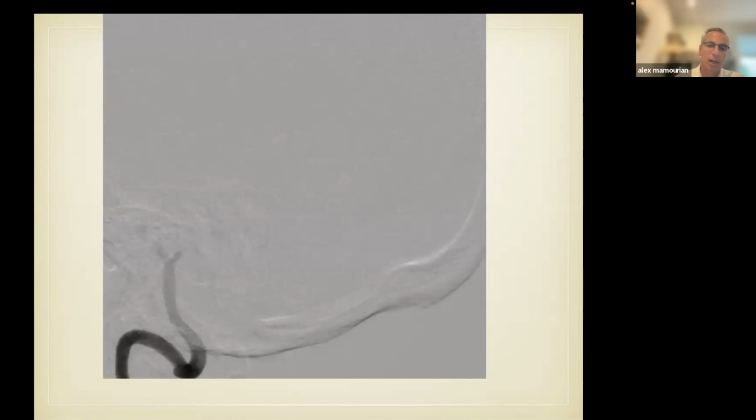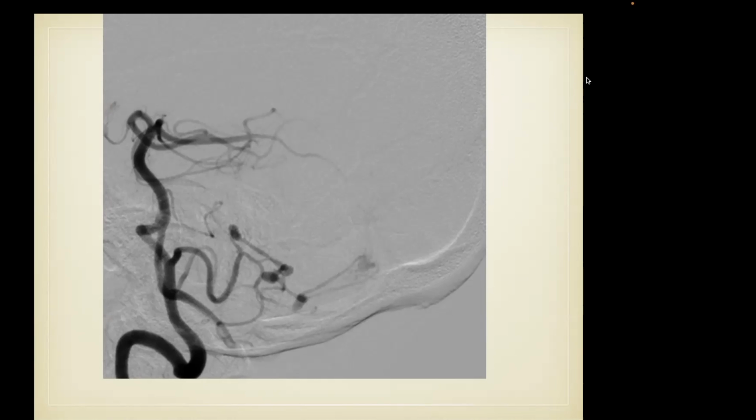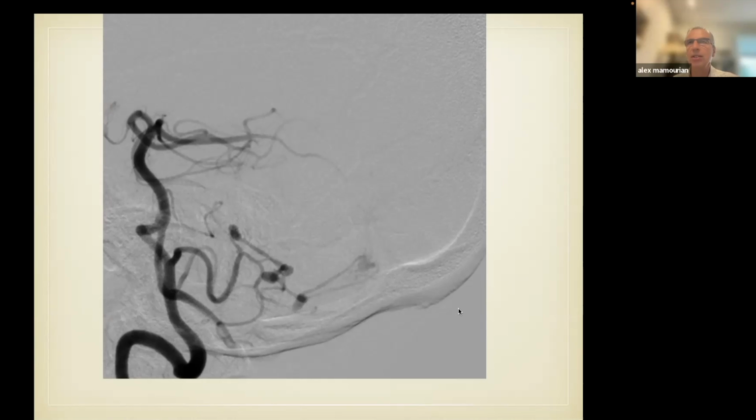And here's the angiogram. This is an injection. Armin, do you want to tell me which blood vessel was injected here on this digital subtraction angio?